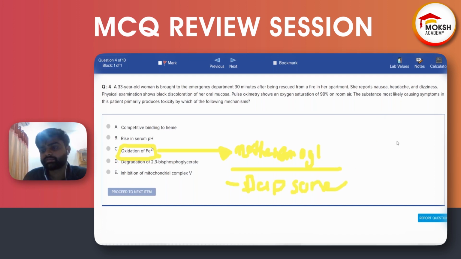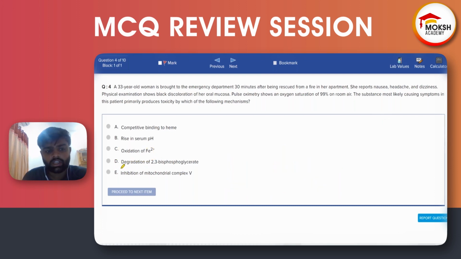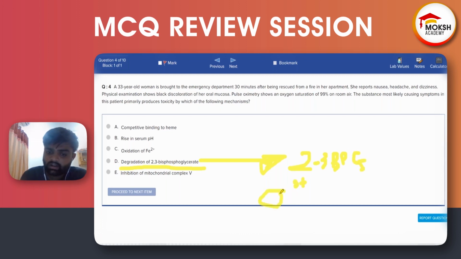Okay. Degradation of 2,3-BPG. Remember, what does 2,3-BPG do? 2,3-BPG stabilizes the deoxygenated form of hemoglobin.